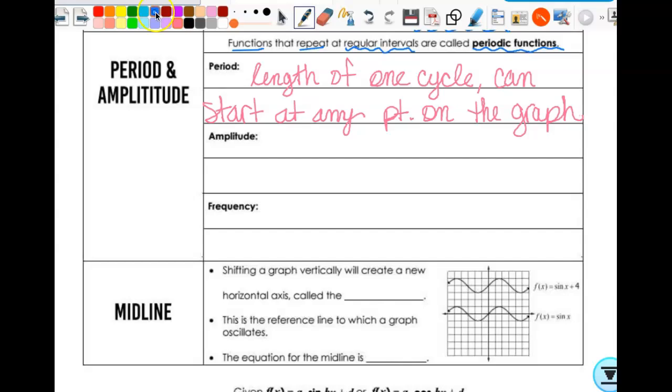All right, so your amplitude. Your amplitude is half the distance between max and min values.